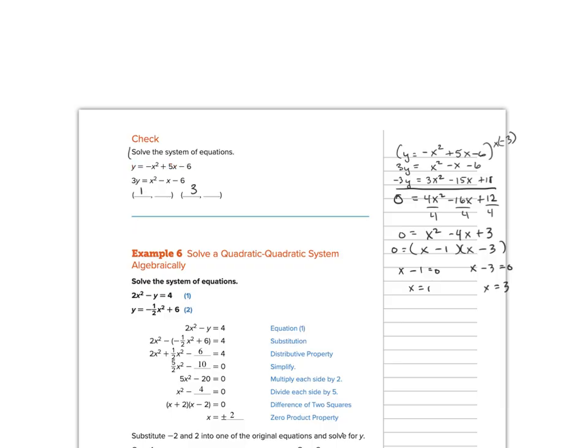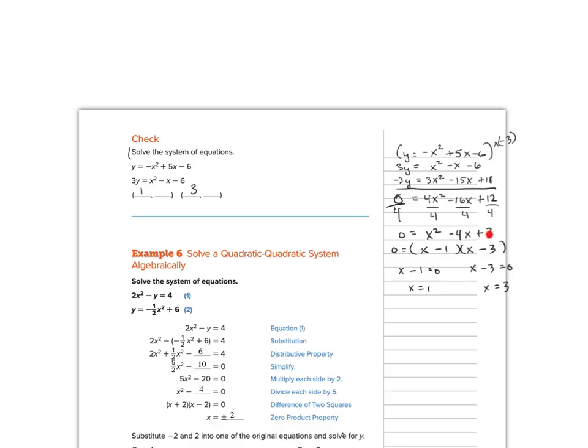So it becomes -3y equals 3x squared minus 15x plus 18. When I combine these two lines, I end up with 0 equals 4x squared minus 16x plus 12. Now, greatest common factor, I want to do that first. I divided everything by 4, and what I do to one side of the equation, I do to the other, and I end up with 0 equals x squared minus 4x plus 3.